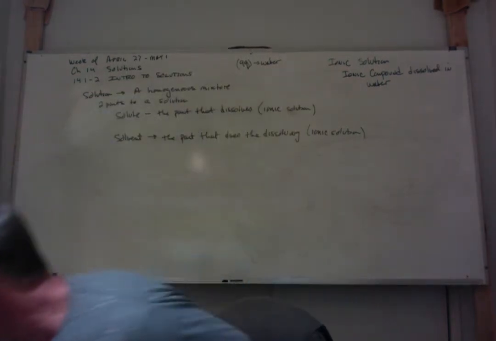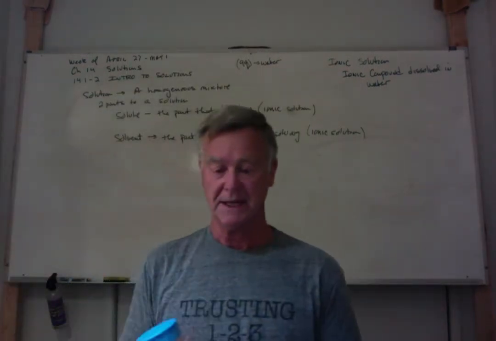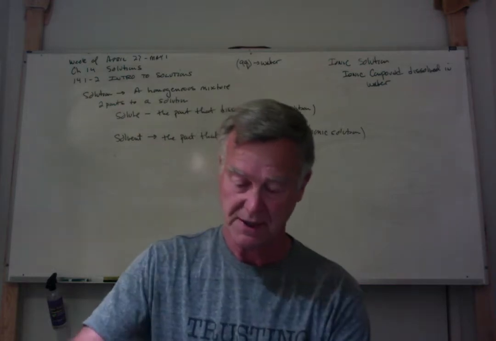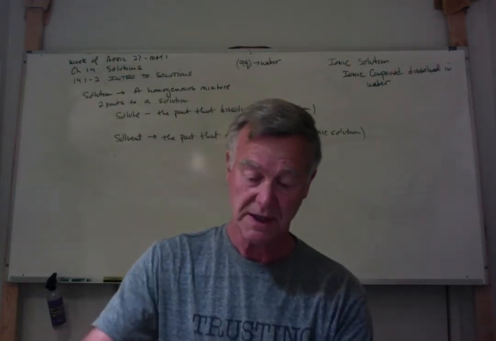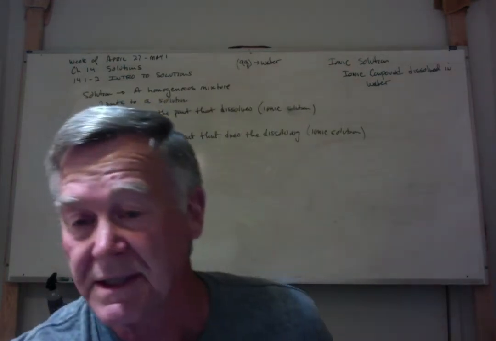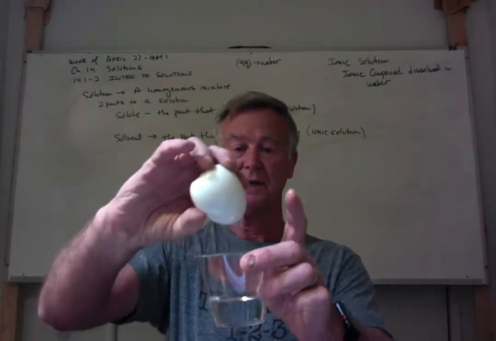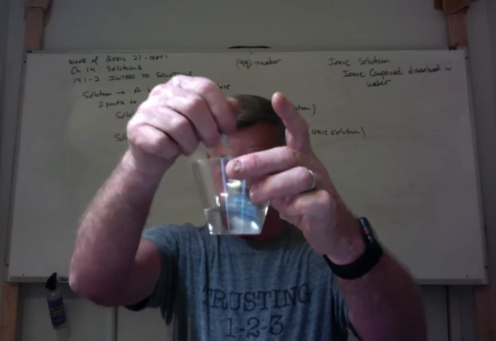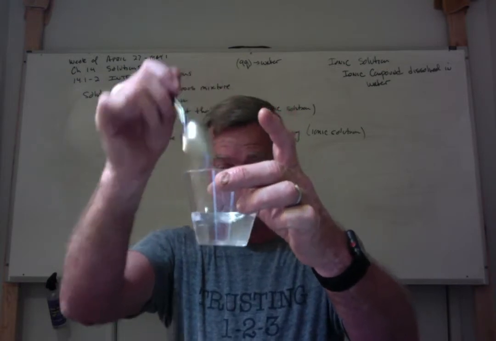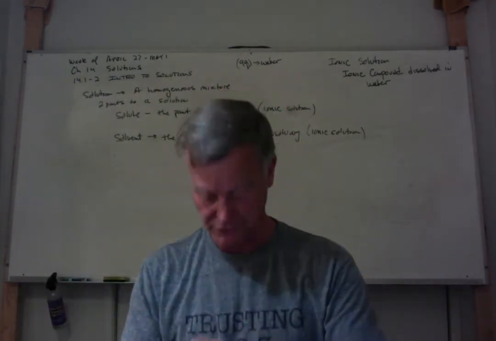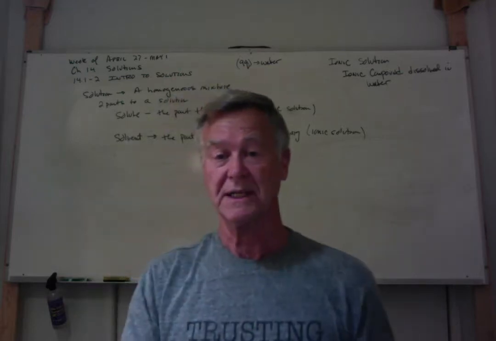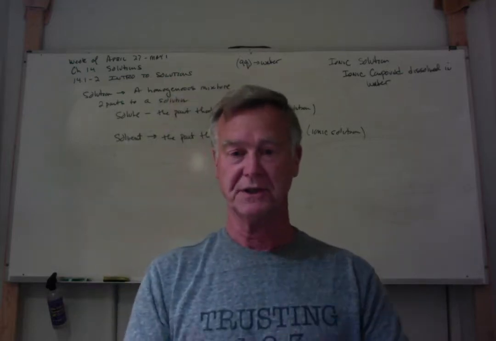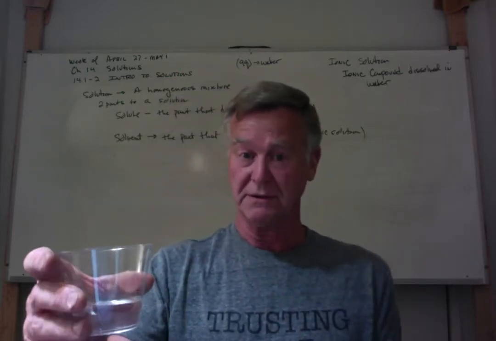I have some water, and I have some salt, and I take my salt and put it in the water, stir it up, and we will have a saltwater solution. Now, we're going to talk in a second about how that salt dissolves, and it's actually relatively simple.